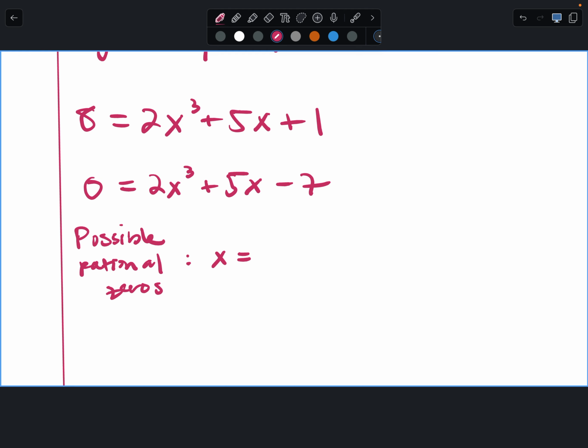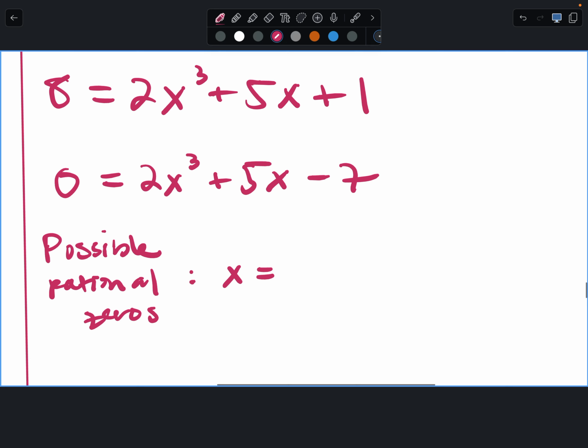I've never seen this level of factoring a polynomial come up from College Board at least. But you did do this in pre-calc honors or in pre-calculus, wherever you came from.